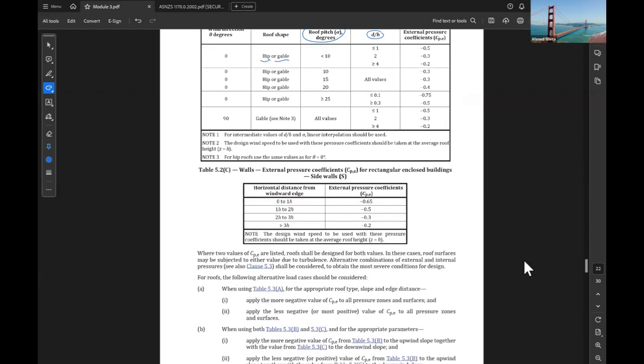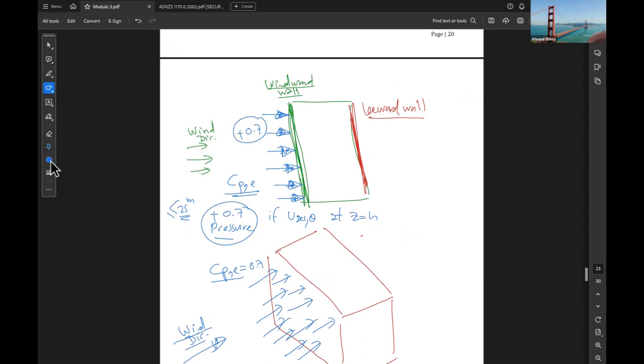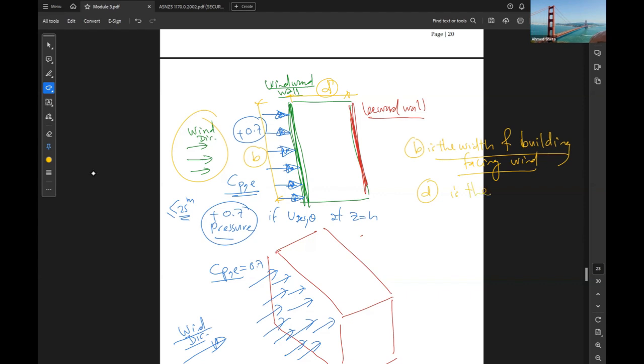So what is the ratio D over B? For example, if we have the wind from this direction here, we have B and D. B is the width of the building facing the wind, and D is the perpendicular dimension.